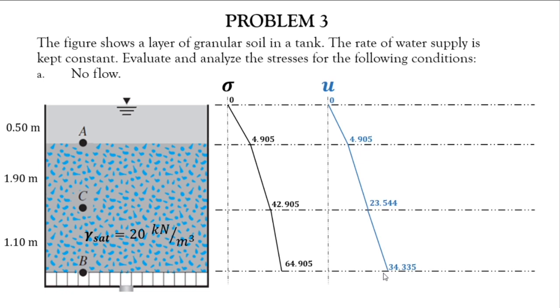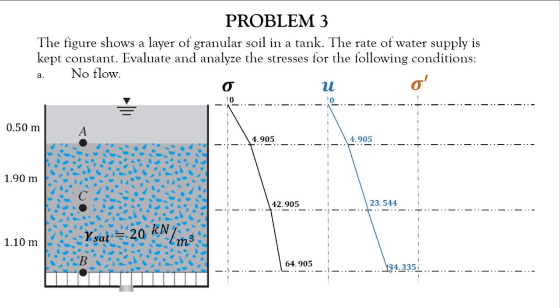So, check nyo rin. Try nyo rin i-solve and then compare nyo dito sa nakuha kong graph or ating diagram. So, ngayon na meron na tayong total and neutral stress, pwede na tayong mag-solve ng pore water pressure kasi kukunin lang naman natin yung difference between this graph and this graph.